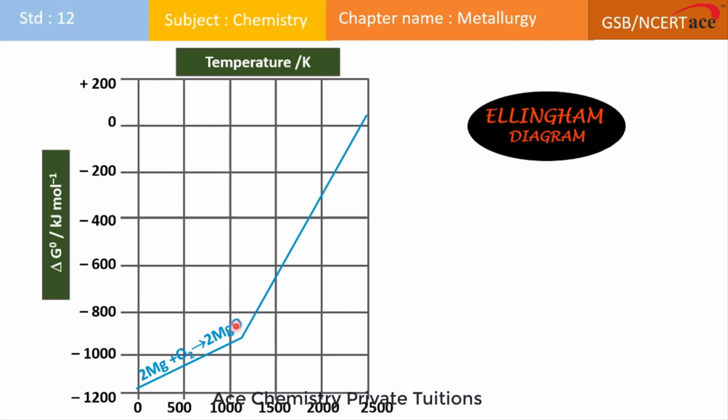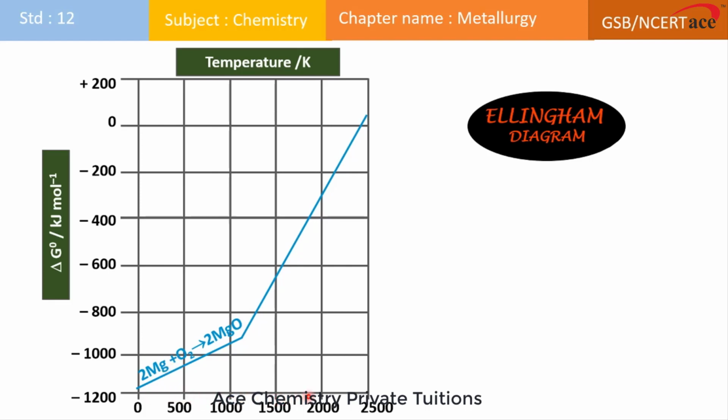What does it mean? If the magnesium oxide is heated to a very high temperature, it can undergo decomposition. This clearly indicates that the formation of magnesium oxide is favored at low temperature. Since at low temperature the value of delta G is very negative, such a negative value indicates the oxides are stable at low temperature, means magnesium is ready to combine with oxygen even at lower temperature.